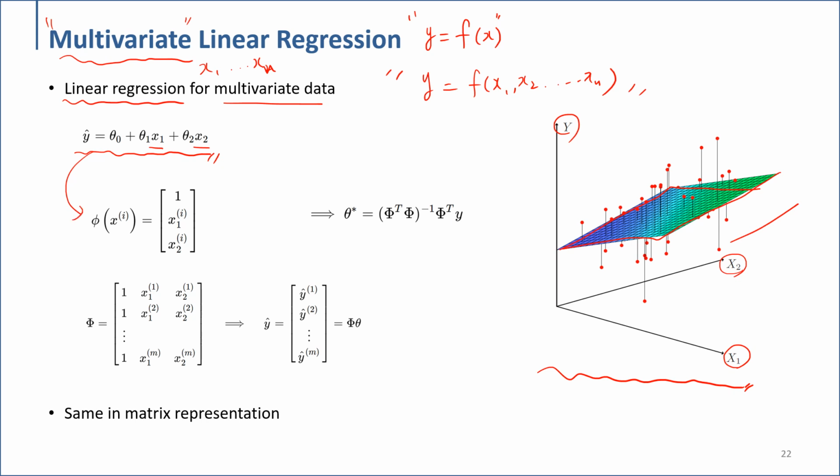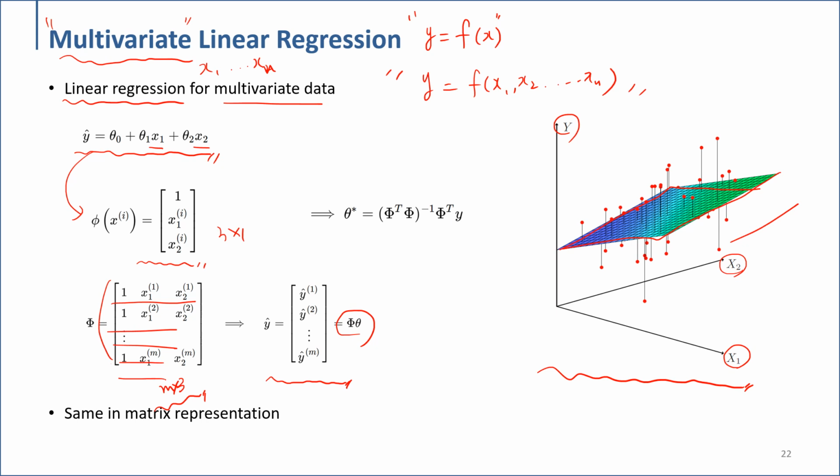In this case, let's rewrite this equation in matrix form. The only difference from the previous case is that we have a column vector of size 3 by 1. And by stacking these horizontally, we can also construct y hat equals phi times theta, and here phi is nothing but a matrix of size m by 3.